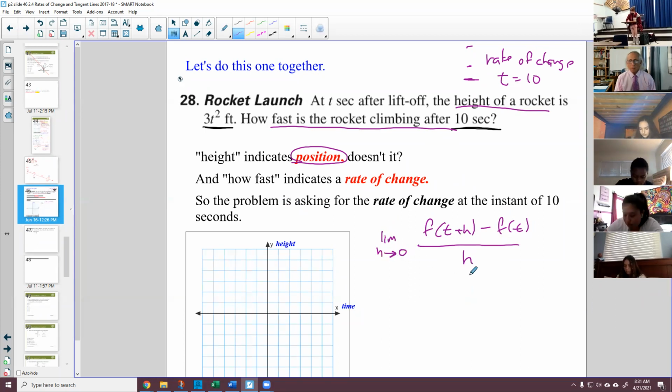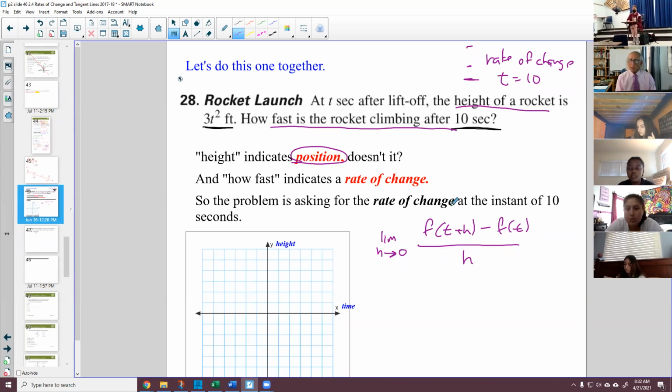Do you remember? Yeah, I remember. Is that clear, or do you want me to explain it again a little bit? No, I'm good. Am I good with everybody here?